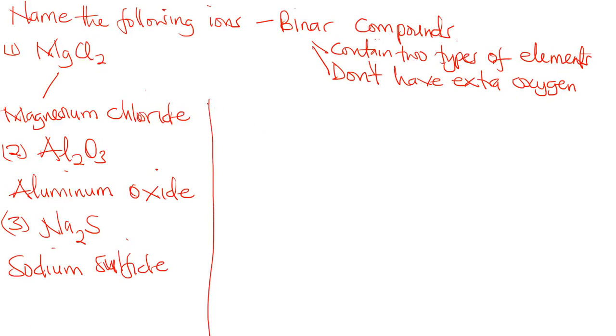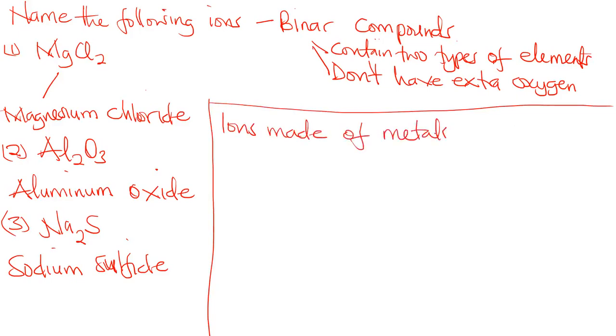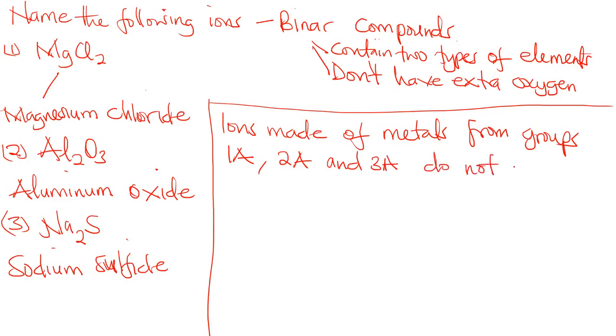So the statement here: ions made of metals from groups 1A, 2A, and 3A do not need Roman numeral names.